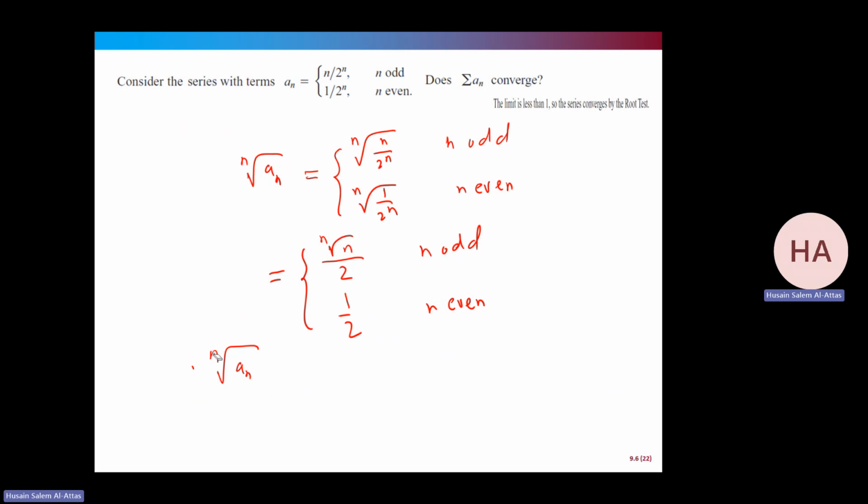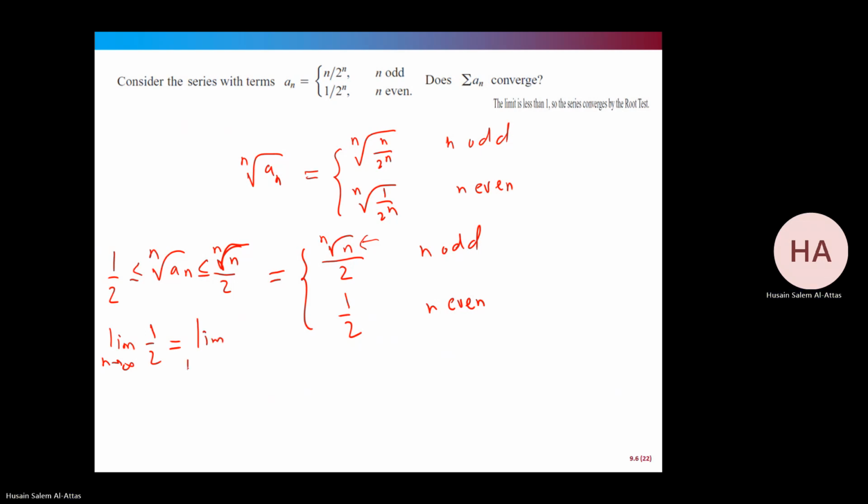That means this series is between half and this, because this is more than 1. So, using the squeeze theorem, the limit as n goes to infinity of half will be the same as this, equal to half.